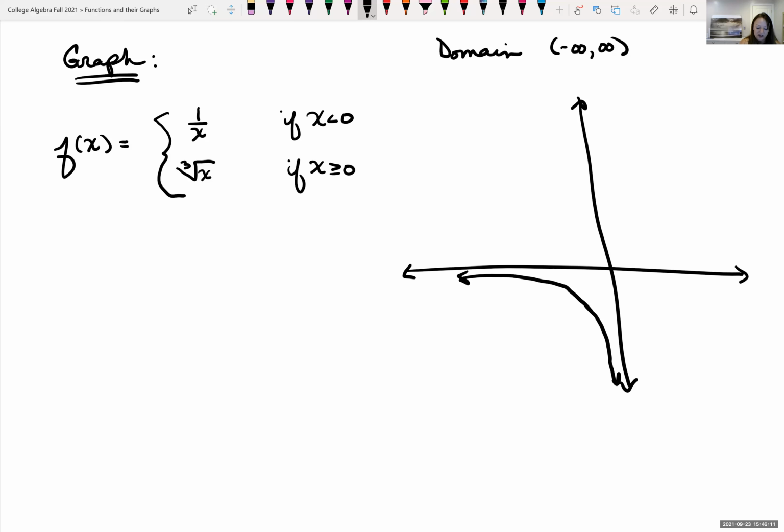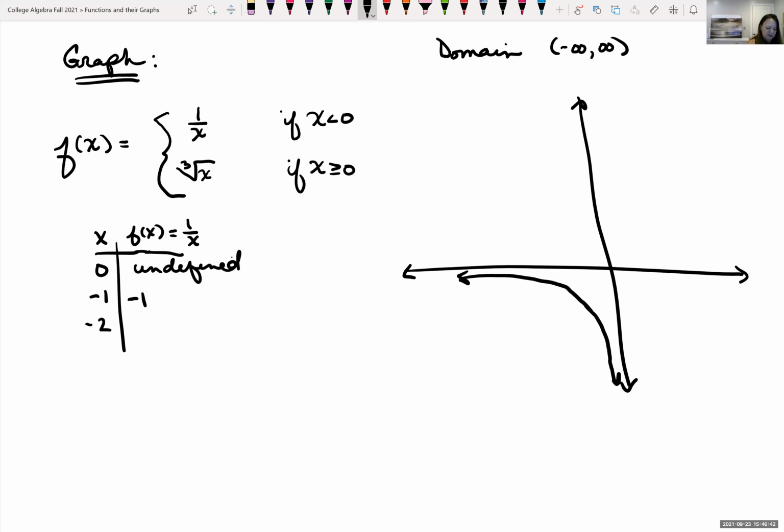If you didn't see that though, you could start plotting points, right? But this time you're choosing values of x which are less than 0. The problem is we cannot plug in that endpoint value, because x equals 0 makes this undefined. But if I plug in -1, 1 over -1 is -1.